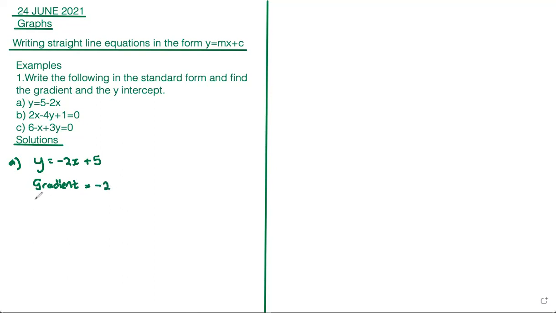And then the y-intercept is equal to 5. When there is no sign, it's a positive also. So that is how you are supposed to answer the first part. The first part was easy because y was already the subject of the formula.